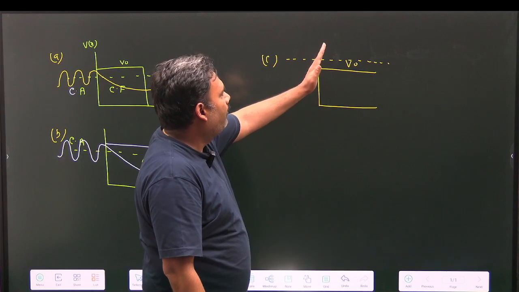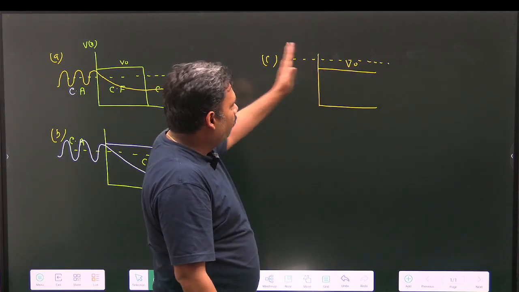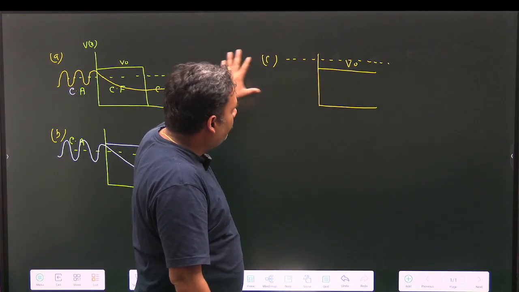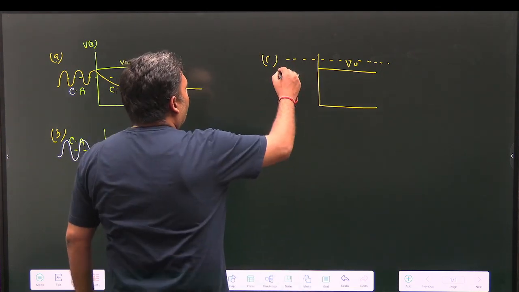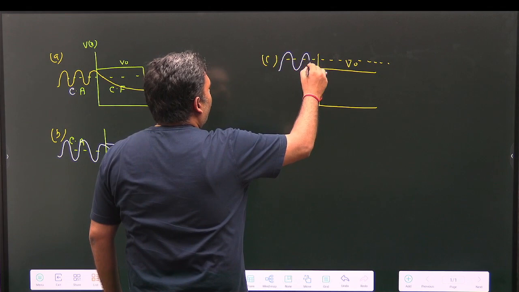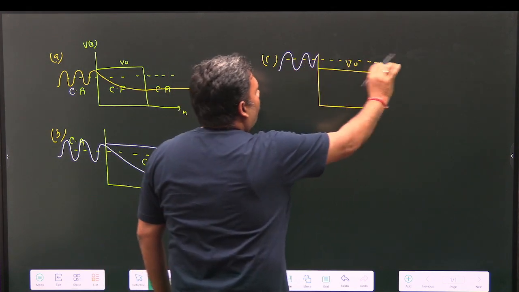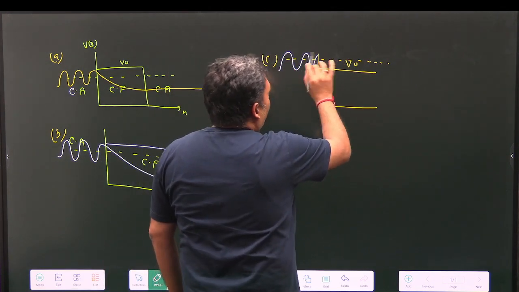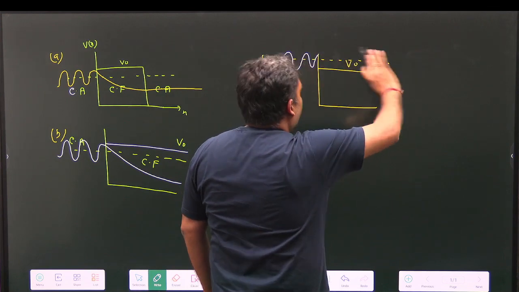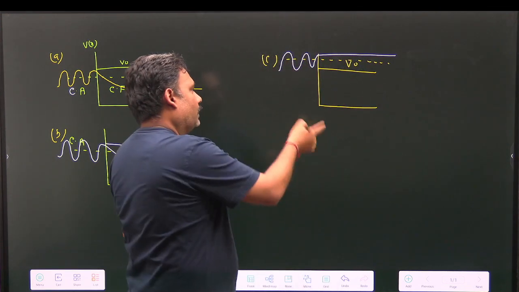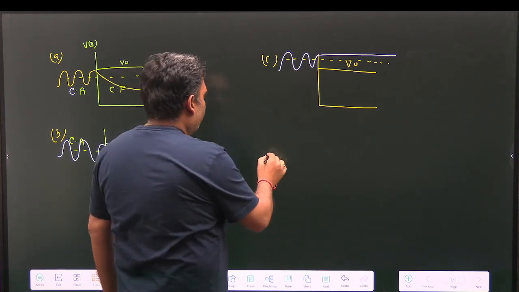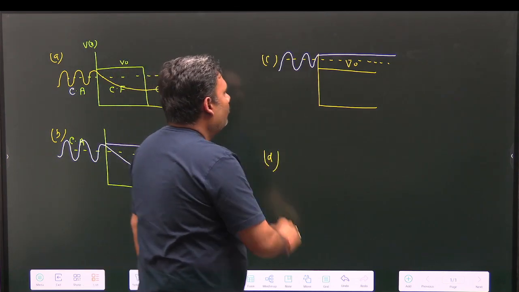At this point, it may either cross or it may reflect. So in this region you have incoming as well as reflected waves, so here you have a completely sinusoidal nature. And once you cross, you have just a transmitted particle. So I think this one is the correct option.